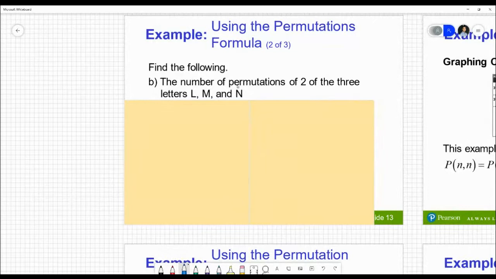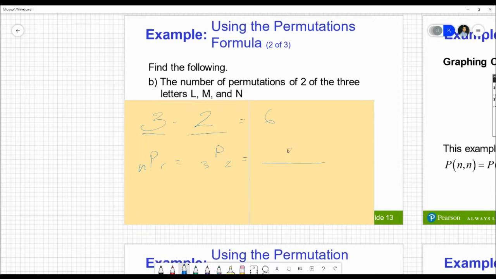All right, the number of permutations of 2 of the 3 letters L, M, and N. Again, we have 3 letters, but this time it's only 2 spaces. So we have 3 here and 2 here, which is still 6. If you did nPr, that is 3 P 2.